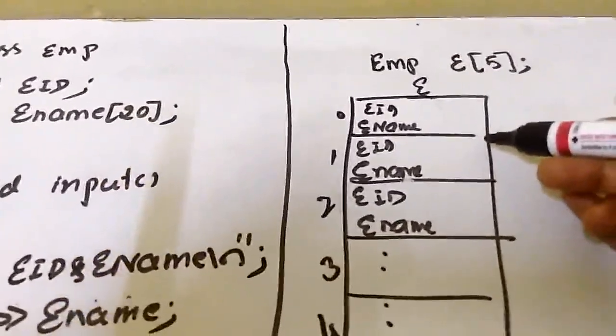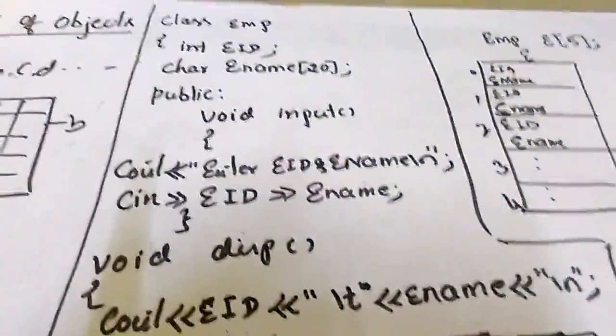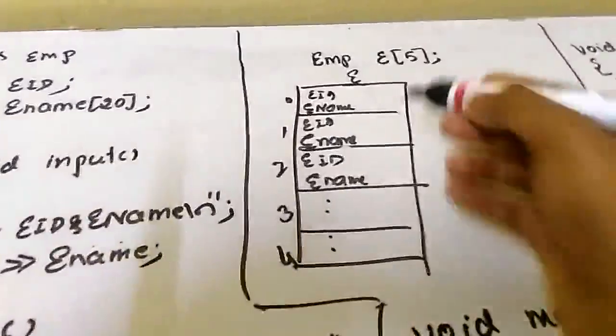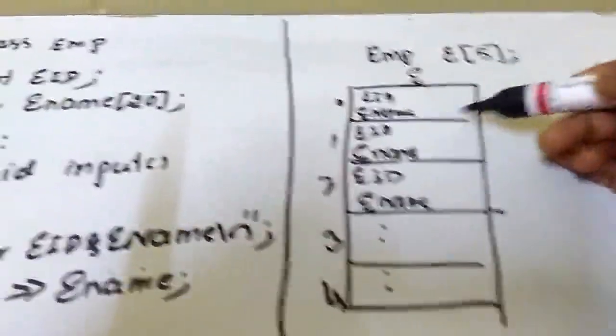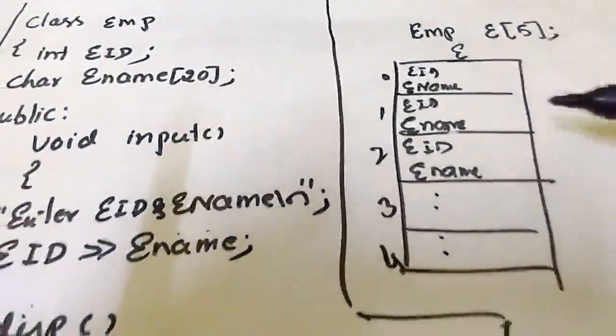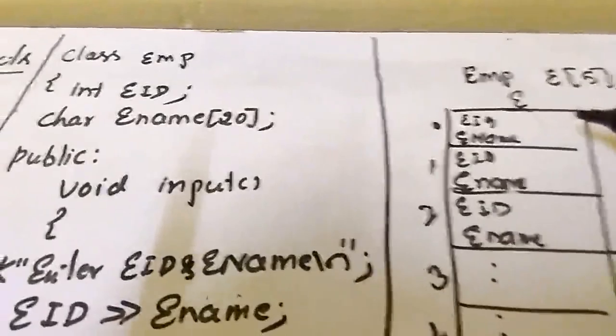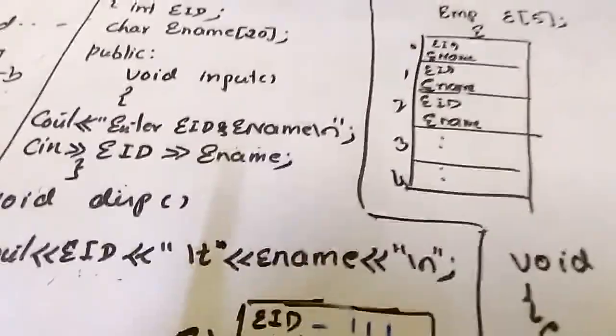Then how many bytes does it occupy? 22 bytes. See, we have to write a template by considering one object. It will be applicable to all objects. EID, ENAME. 0, 1, 2, 3 like that. There are 5 continuous memory locations and each is of EMP type. So this template would be the same.